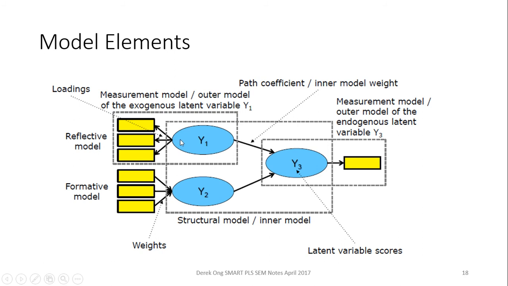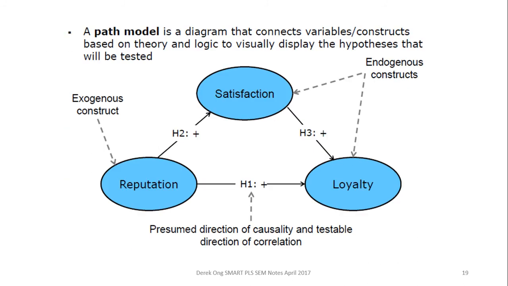Yeah, and you notice that in this particular measurement model, the arrows are shooting outwards from the ellipses, which indicate that these are reflective loadings. And for the formative, these are the arrows that are going in, which indicate the formative weights. So I will have a separate video that talks about the difference between formative and reflective.